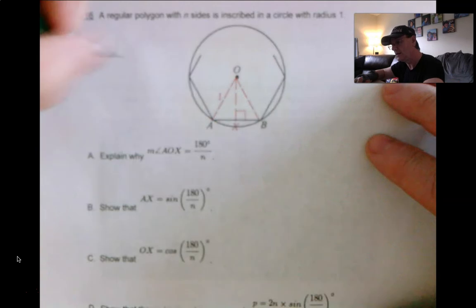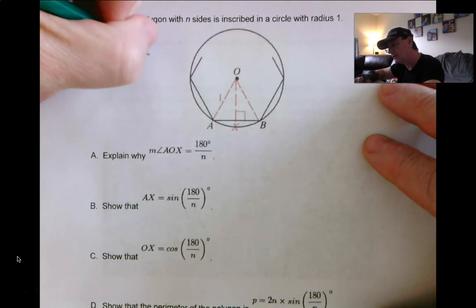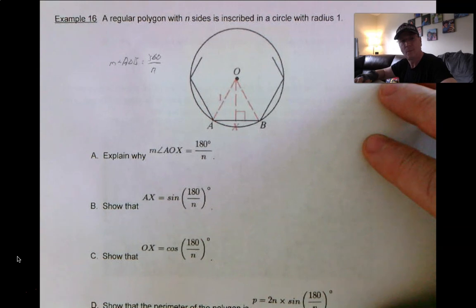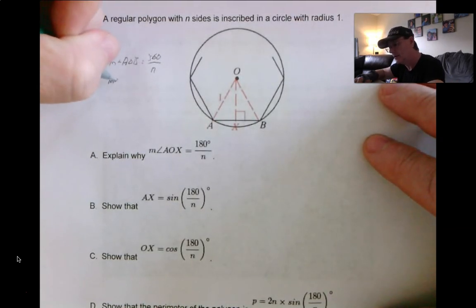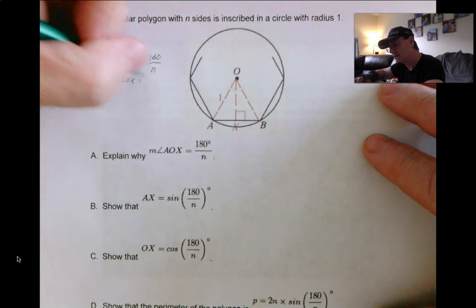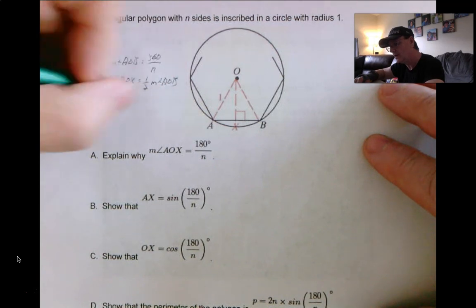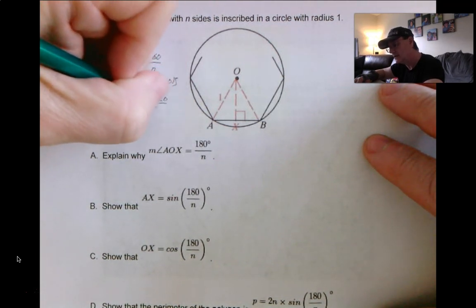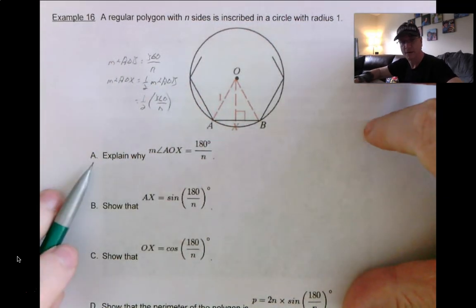Well, the measure of angle AOB is 360 divided by n, and AOX is half of that, which is 180 over n. Okay, so there's part A.